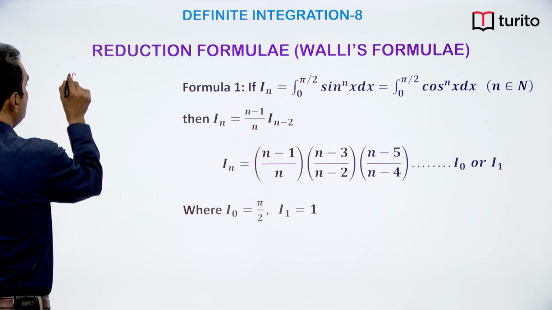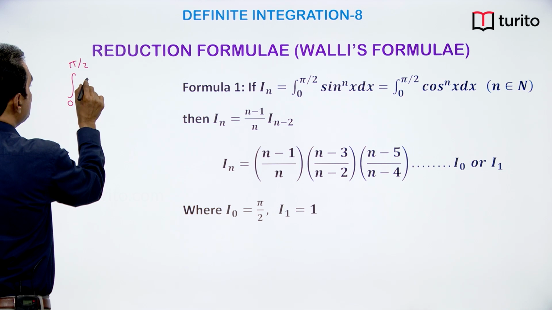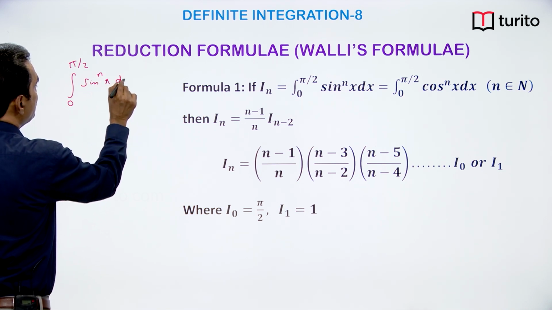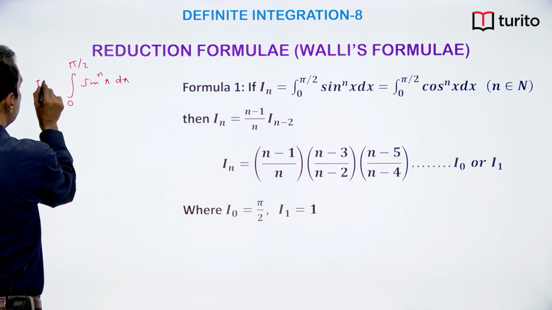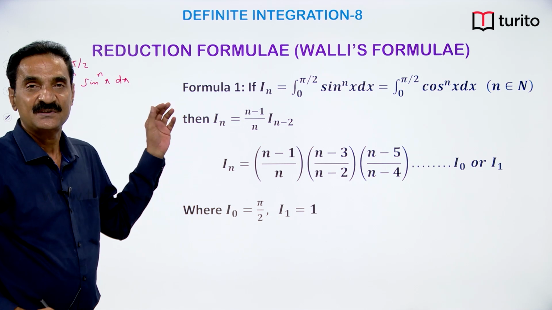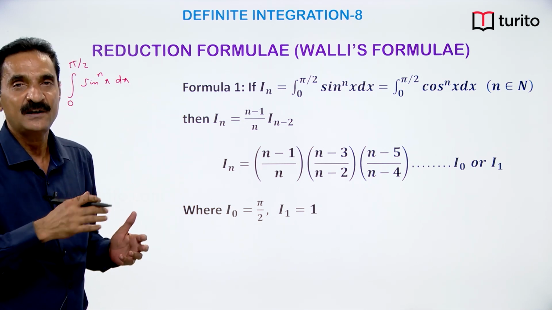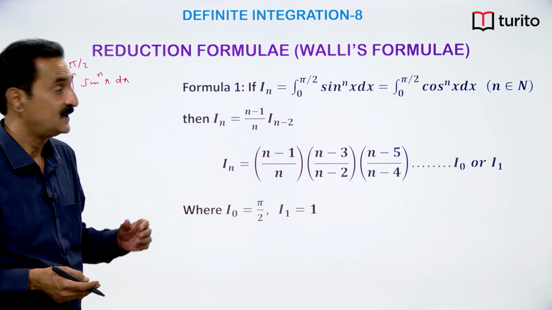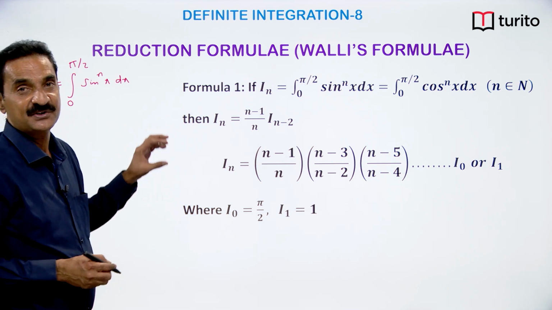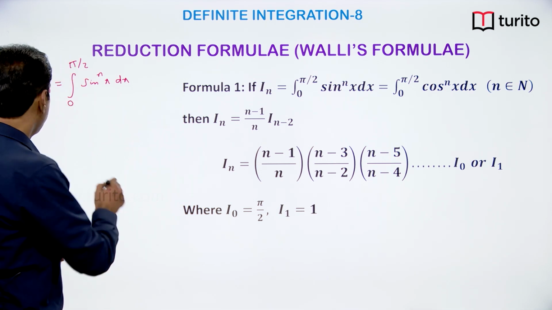Integral 0 to pi by 2 sine power nx dx is In. For integral of sine power nx, standard limits are 0 to pi by 2. If any other limits are there, how to calculate it, we will discuss during the problems. We derived the indefinite integration of sine power nx in indefinite integration.